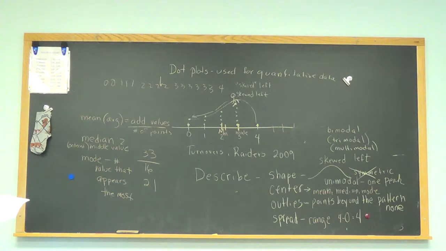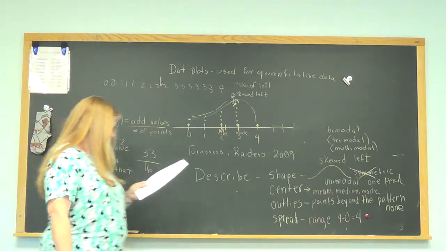How much can you round? One decimal will be good. It's a little easier to read on page 31 if you want to look at it.